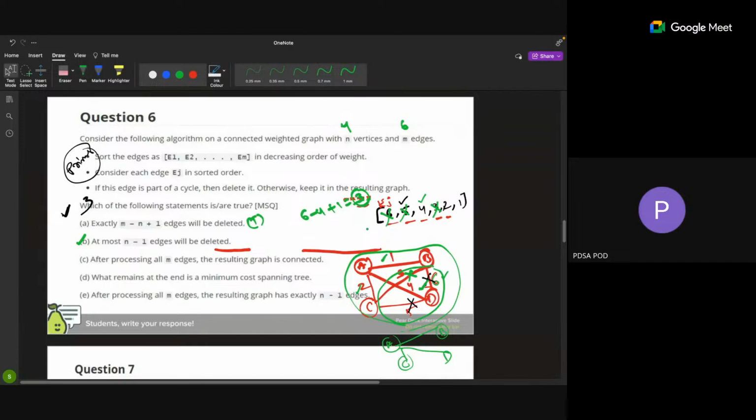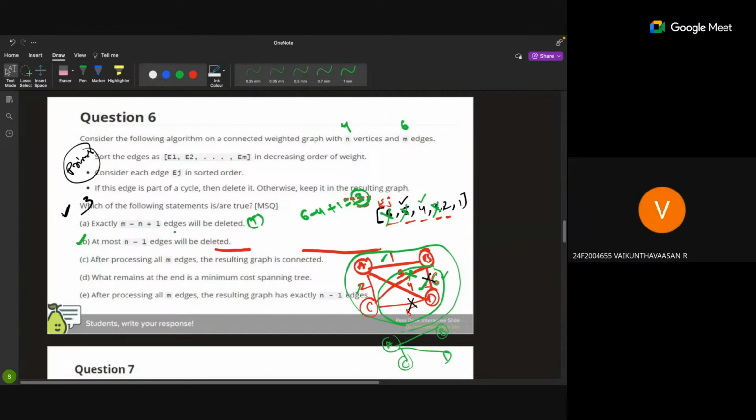Now, at most n minus 1 edges. At most means what, minimum or maximum? Maximum. So maximum it is n minus 1 edges. Is it possible to delete less than that?